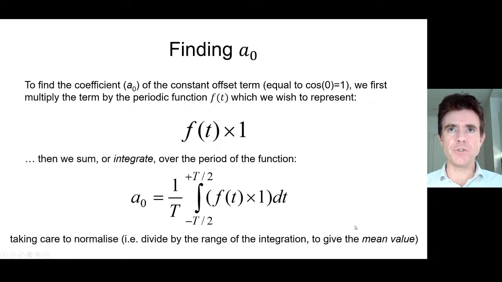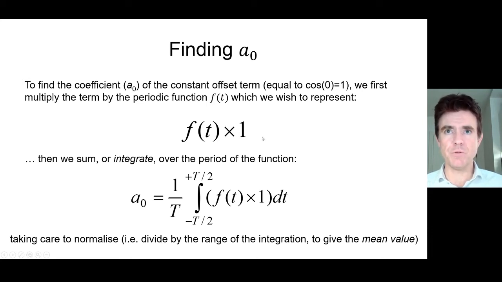So imagine we wanted to find a0, the coefficient for the constant offset term, the kind of cosine 0, which is equal to 1. What is the scaling factor, if you like, the coefficient a0 for that term? Well, following the methodology of the previous slide, we take our real periodic function, f of t, and we multiply it by the term for which we wish to find the coefficient.